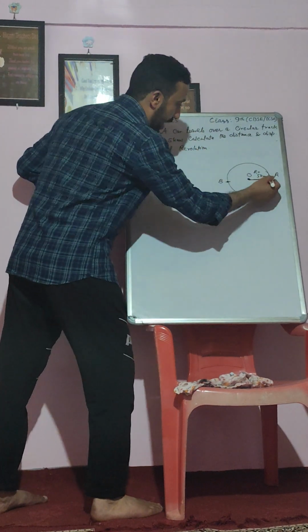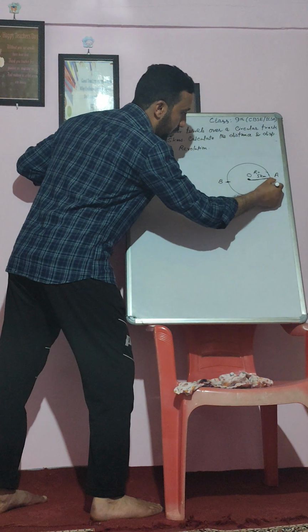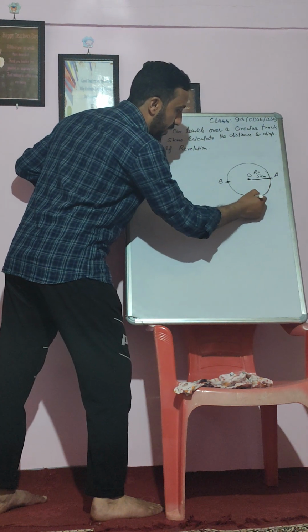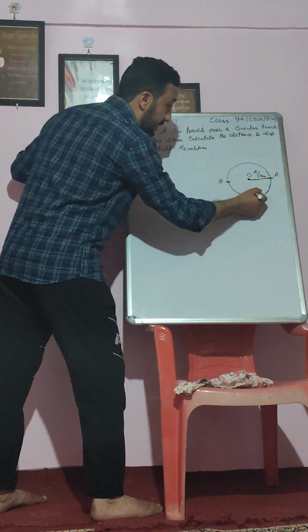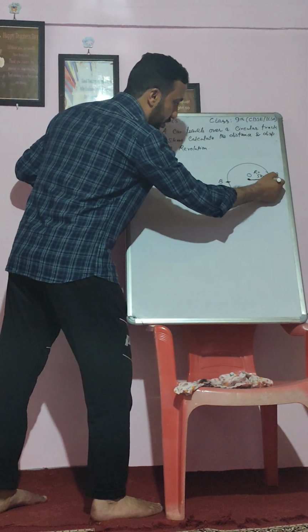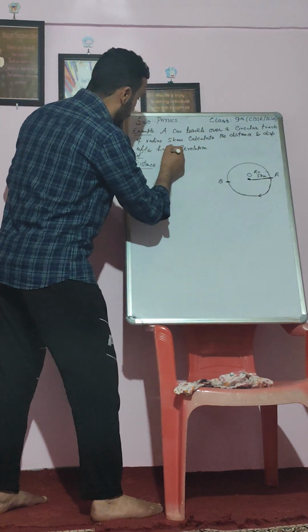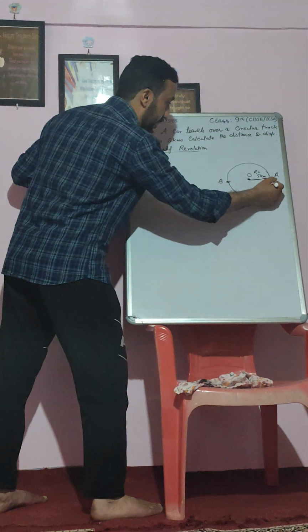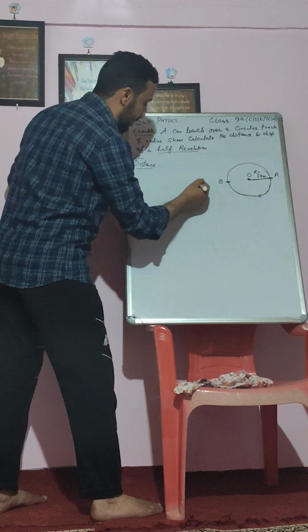The car has traveled over this circular track and finally reached point B. That means the car has traveled exactly half the circumference of the circle. You can check here the boundary of the circle. The car has taken half the revolution.